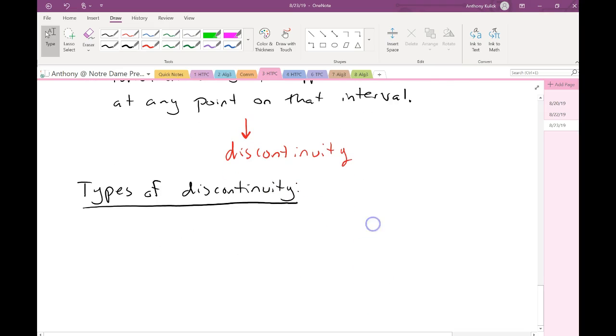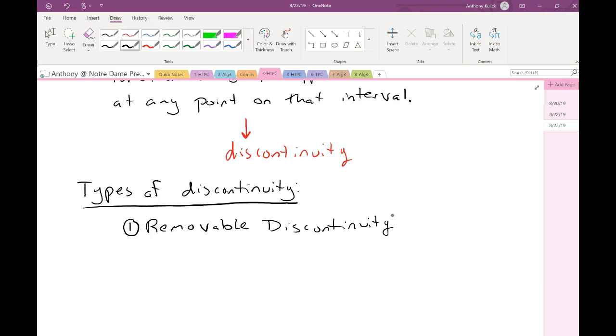Does anybody remember any of these? We've seen a few of them last year. Yeah? Okay. So the holes in the graph we called a removable discontinuity, but that is absolutely one of them. Yep. There's another one that we talked about a lot last year, even more than the removables.